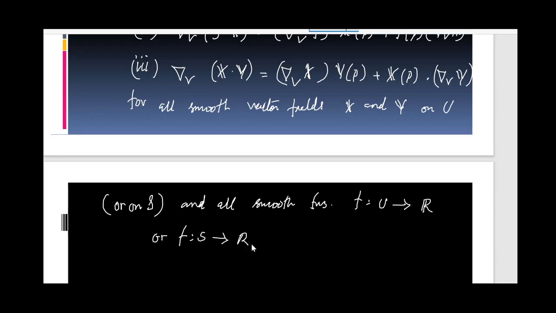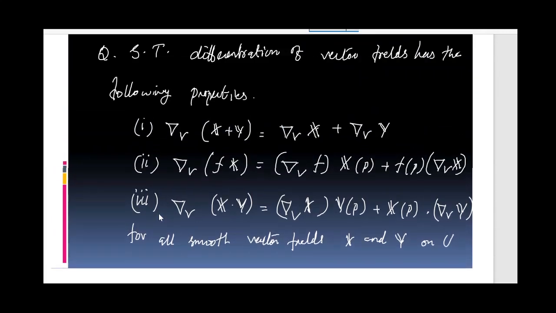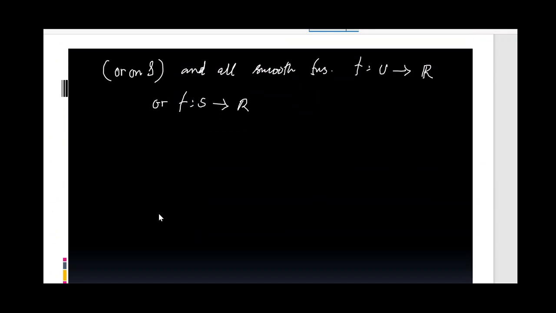So we want to prove these three properties. The first property we want to prove is del_v of (x plus y) is equal to del_v x plus del_v y. So, solution.